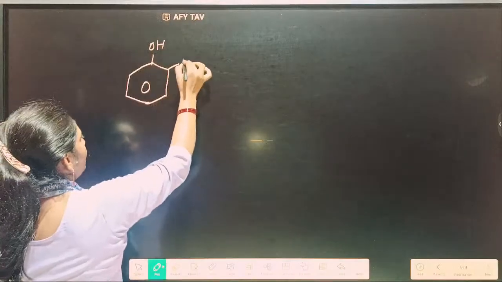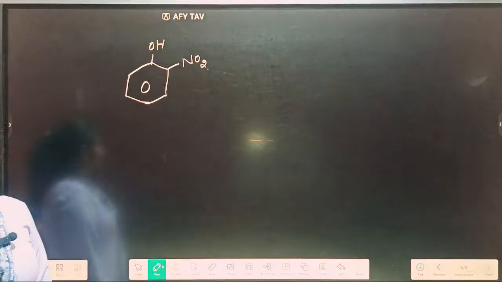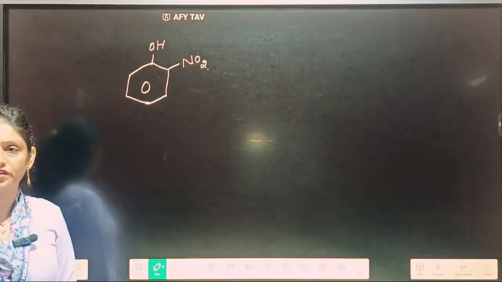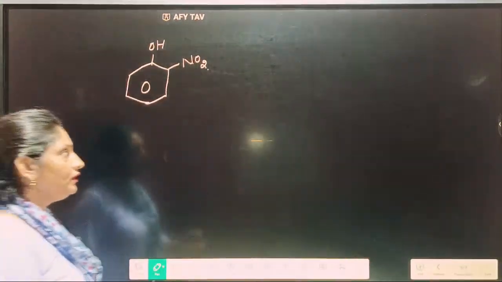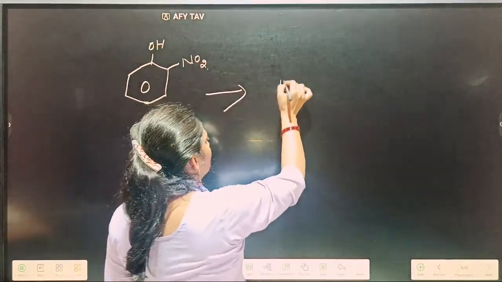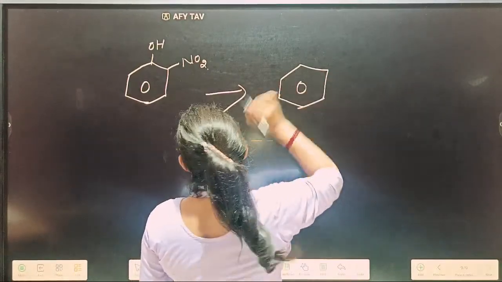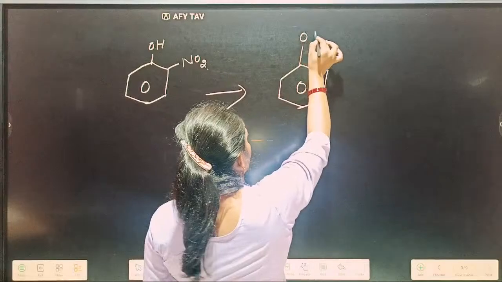This is phenol, and at the 2 position we can attach a nitro group. So this one is 2-nitrophenol, students. Here what will happen? I can write this in this way, O and H.